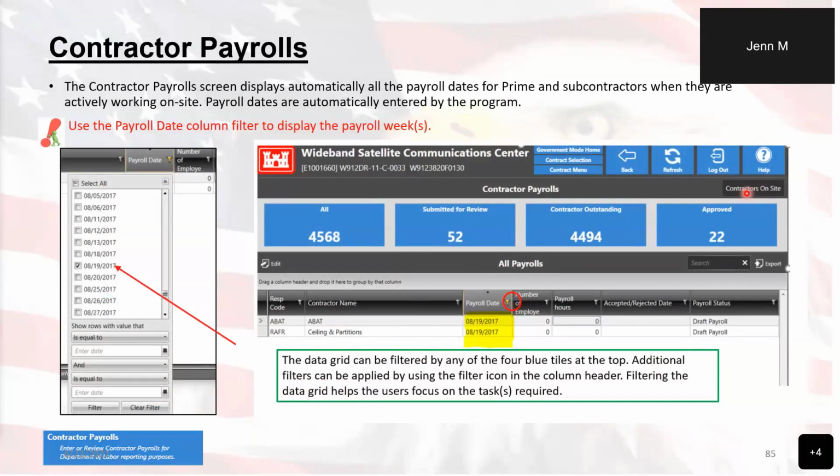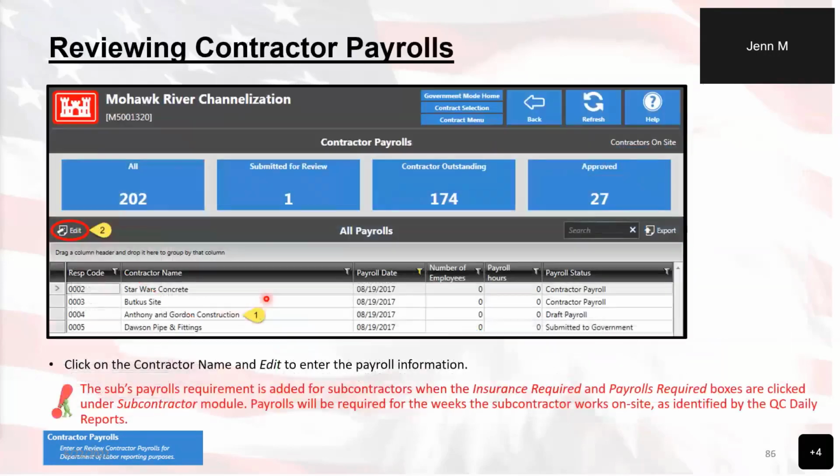At that point, a contractor who has administrative rights on the contract must log in contract mode and open up contractor payrolls. And payrolls will automatically start generating at that point. And of course, you can sort through all those. You can edit them by clicking on this guy or just double clicking on what's here. Again, you have your sort tiles running across the top.